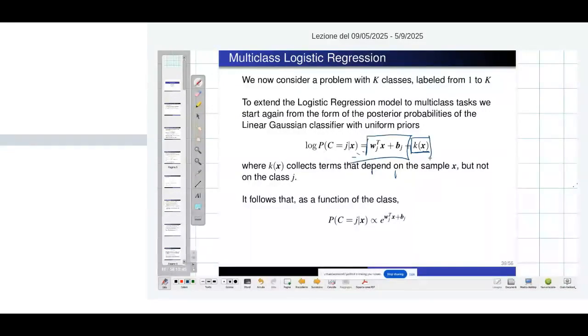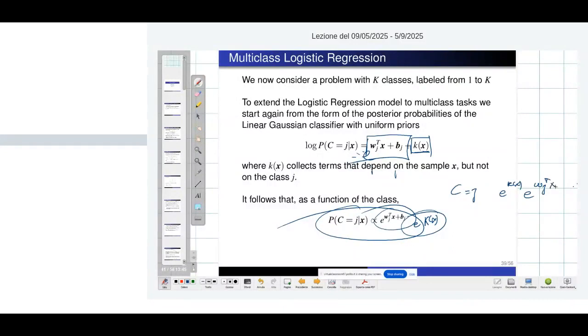Since it does not depend on the class, it means that the class posterior probability is proportional to the exponential of this. So it's exponential of k of x times this. But this k of x does not depend on the class, so it's the same expression for all classes. So for class Cj, I will have the exponential of the constant, times exponential of wj transpose x plus bj.